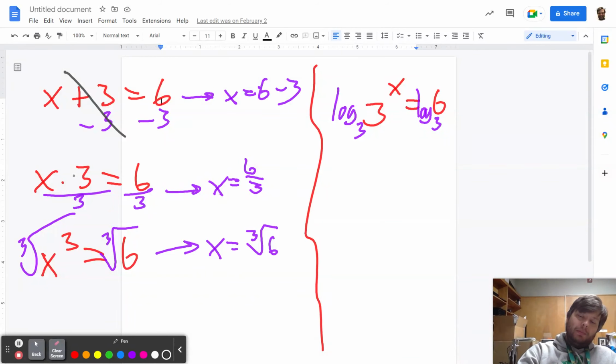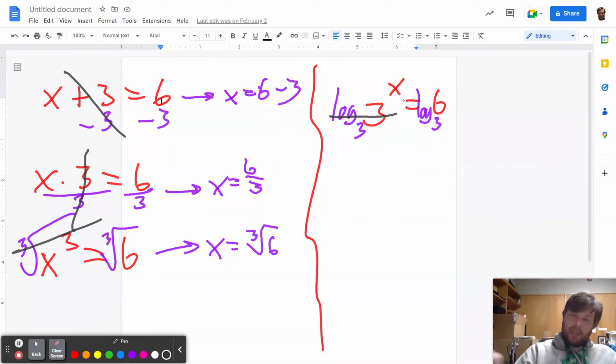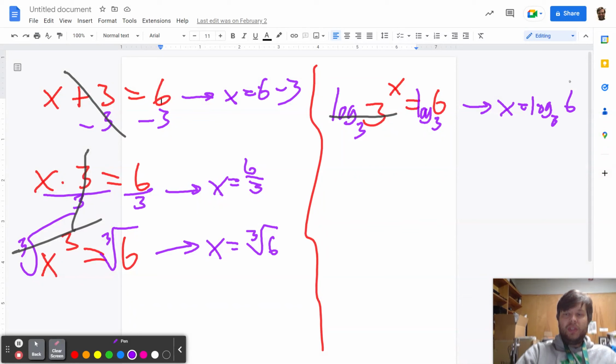When we did divide by 3 on our second equation, that canceled times 3. And when we did cube root, that canceled cubed. It's the same thing here. Log base 3 cancels a base of 3. So we're left with an answer, just like on our previous ones, of x equals log base 3 of 6. Just like before, your calculator has that in its menu.